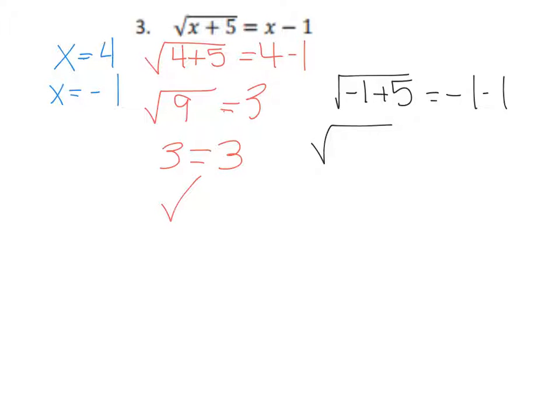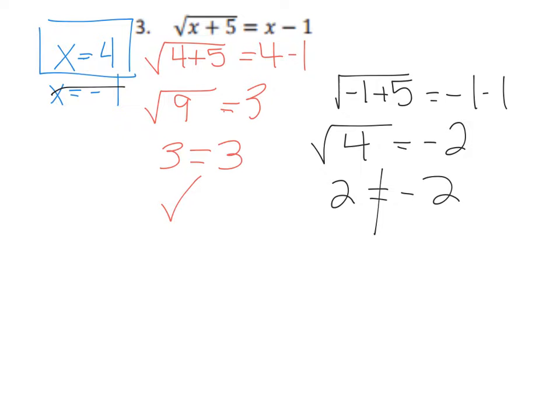Negative 1 plus 5 will just be 4, equal, and a minus 1 will be a minus 2. 4 is again a perfect square, so we have 2 is equal to negative 2. And of course, 2 does not equal negative 2, which means that is not a solution. So our only solution for this one is x equal 4.